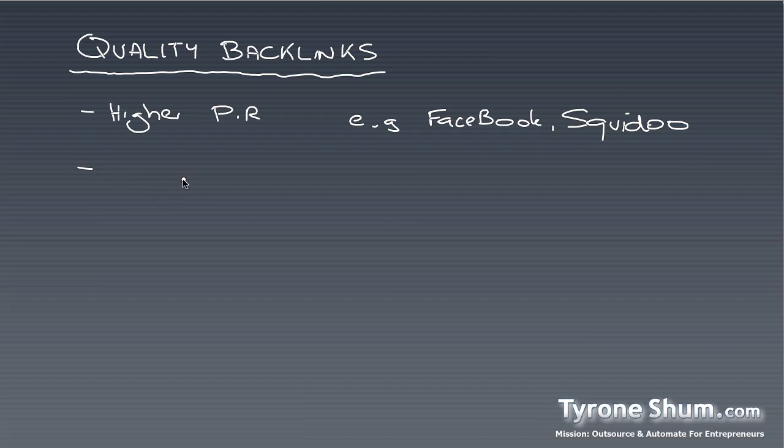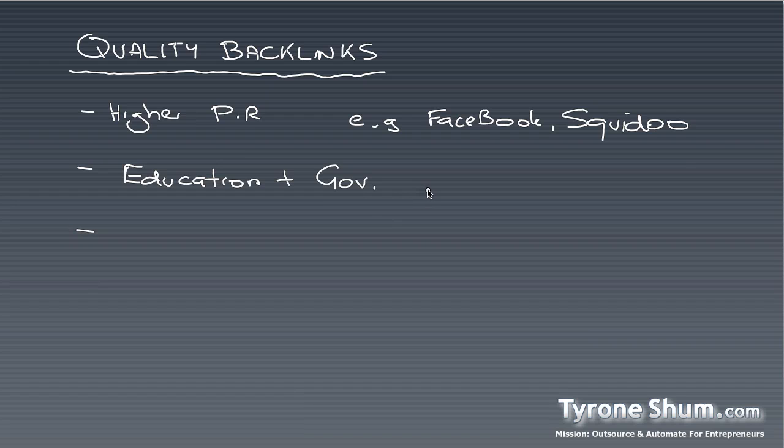Another place that you can find good PageRank sites is education and government sites. So these sites normally get a high ranking, and Google sees these sites as being effective. So if you can get a link back from an education or government site, you'll be pretty well off, and it does help with your ranking on your niche site.